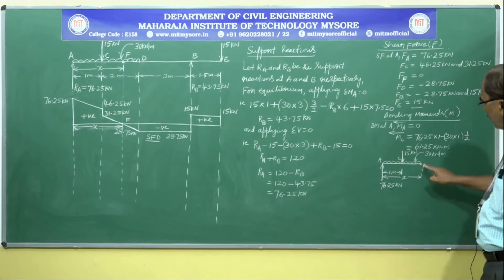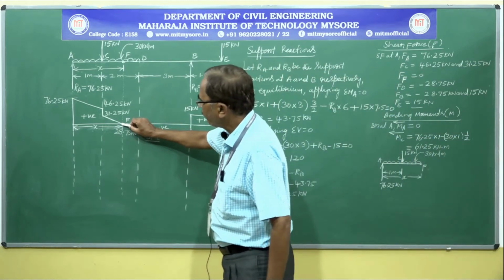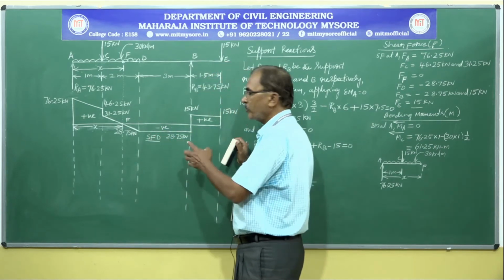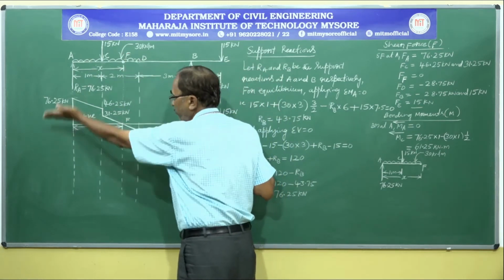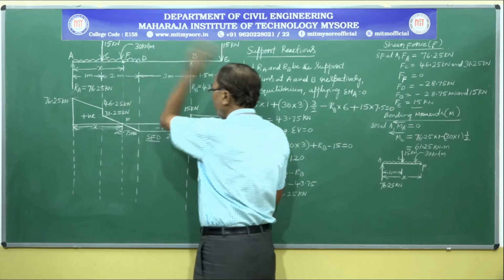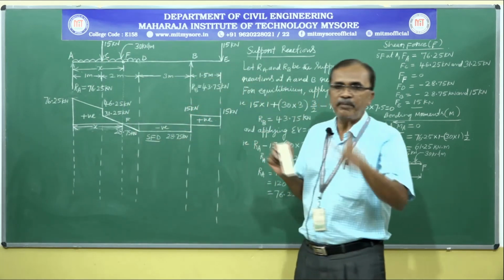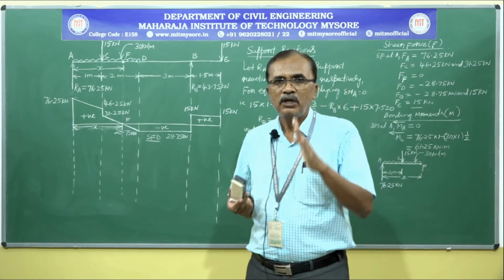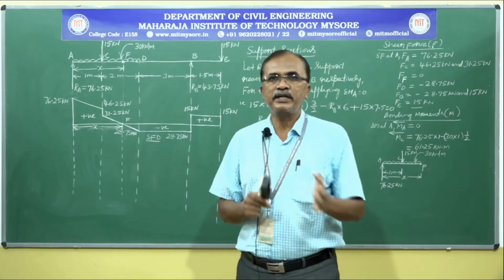Now shear force at point F. Shear force at point F is 0. Write the expression for shear force by considering forces to the left of F. Even if you consider forces to the right of F, we will get the same value, because we know that shear force at a point is equal to the algebraic sum of all the forces to the left of the point or to the right of the point considered.